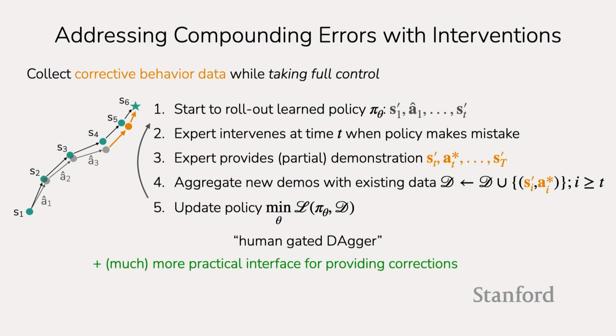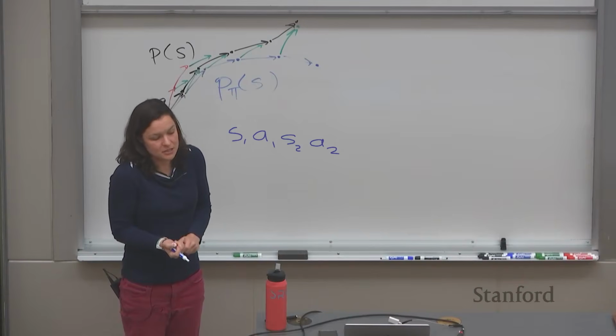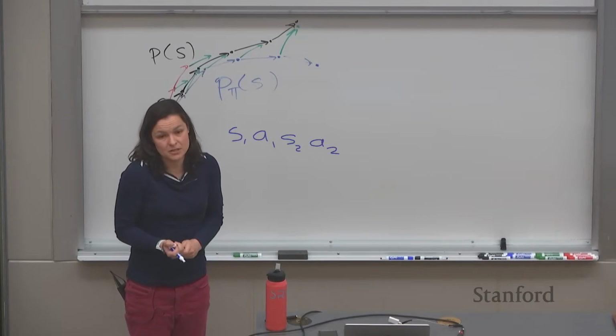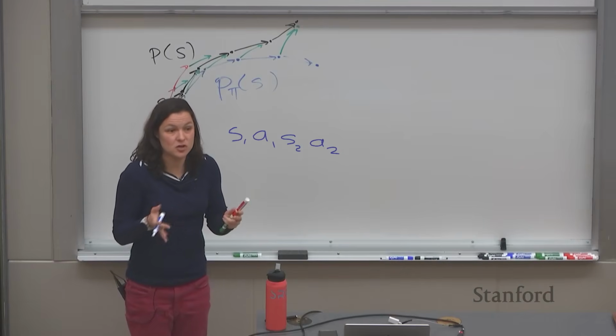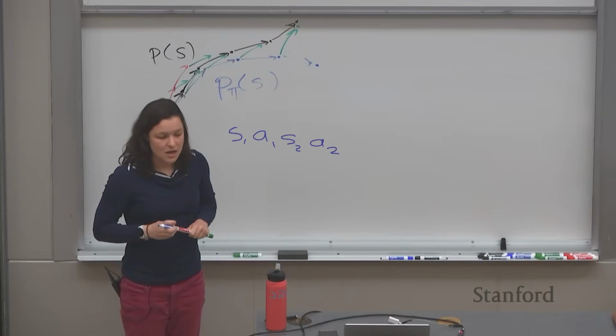One of the downsides of this algorithm is that it can sometimes be hard to catch mistakes quickly. If the policy decides to drastically change the action and it was unpredictable, that can be very hard to proactively prevent. Ideally, you want this to be in a scenario where you can predict it, like if the policy is starting to drift into another lane, recentering it, that sort of thing.